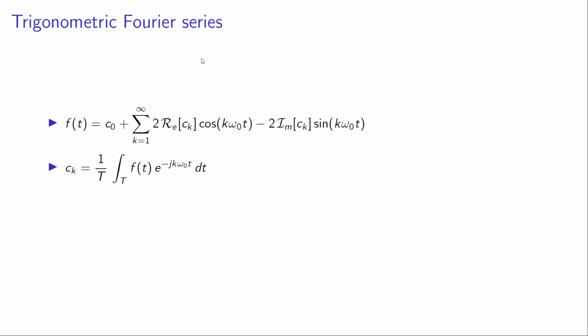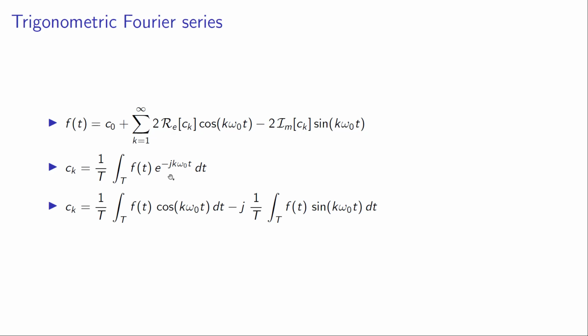If you look at the literature, you will also find the trigonometric Fourier series, which looks a bit different, but if you look at it more closely, it's closely related, of course, to the exponential form of the Fourier series. So what we'll use now is this equivalent expression of the Fourier series. Remember that these are the Fourier coefficients. And since this is a real valued function, we'll look at the real part of ck.